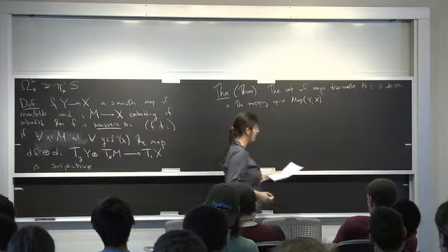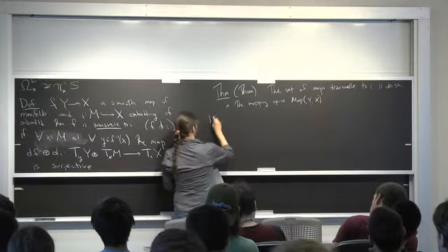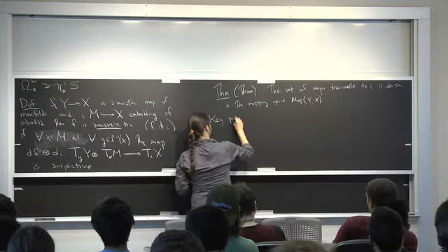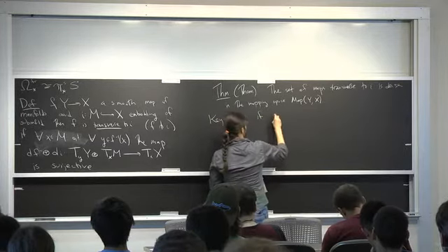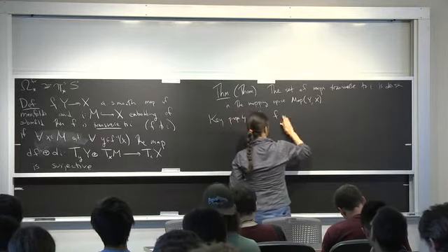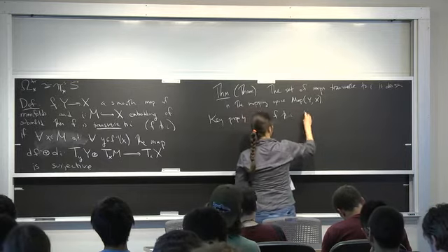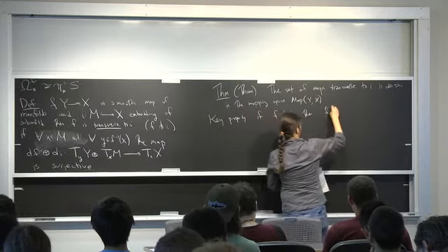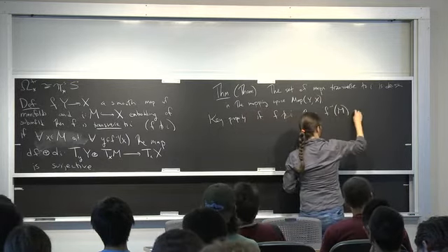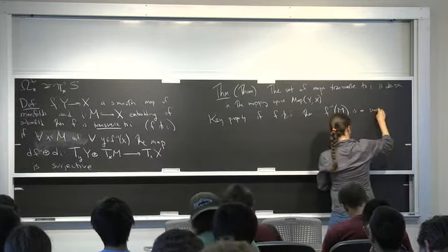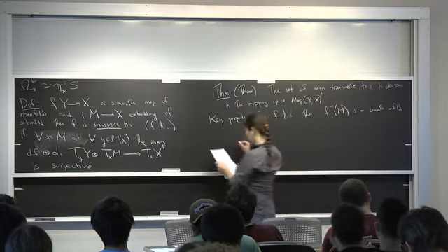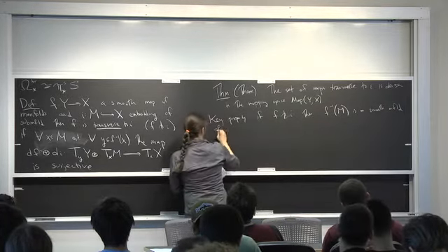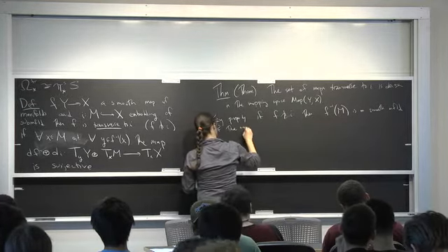Okay. And the key property that we need is that if F is transverse to M, then F inverse of M is a smooth manifold of the appropriate dimension. I didn't label dimensions, but I'll just put of the appropriate dimension.